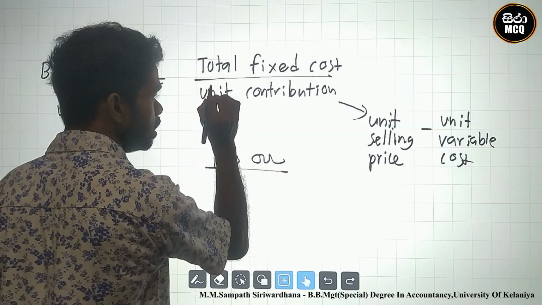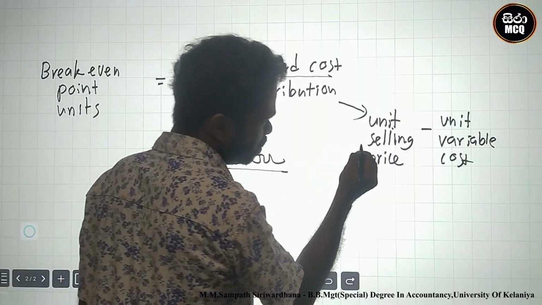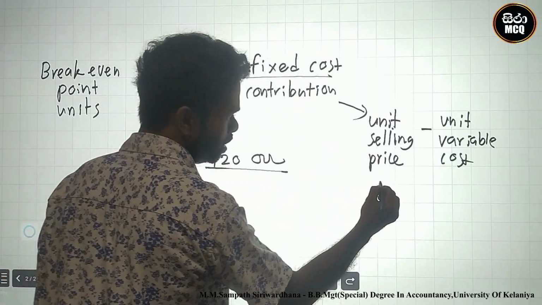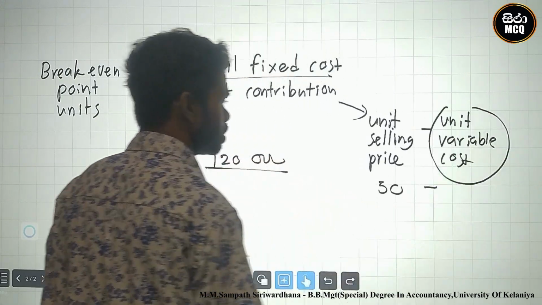How can we calculate the unit contribution? The unit selling price we already calculated is 50. How can we calculate the unit variable cost?